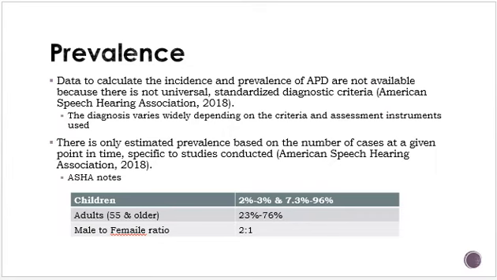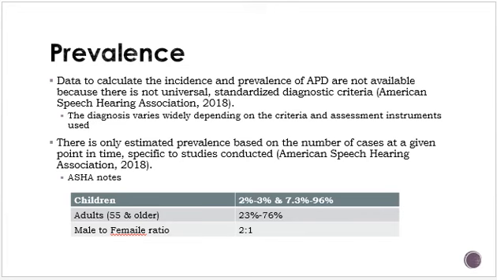So, prevalence of APD. Data to calculate the incidence and prevalence of APD is not available because there's not a universal standardized diagnostic criteria.